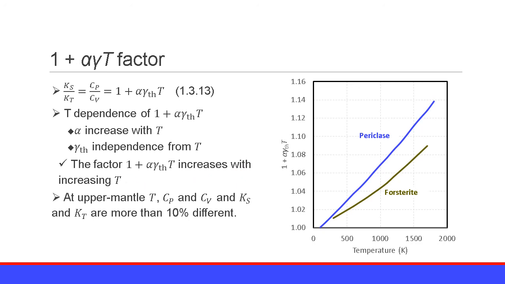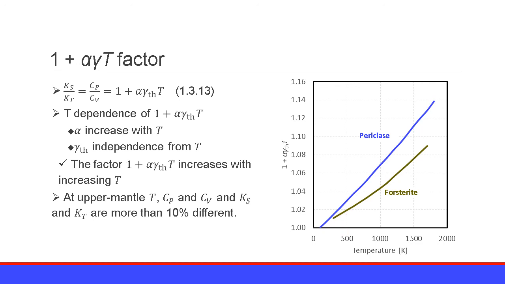So this diagram shows the factor 1 plus alpha gamma T of periclase and forsterite. In the mantle at low temperatures, alpha gamma T is nearly equal to unity. Therefore, C_P and C_V, or K_S and K_T, are equal at low temperatures.